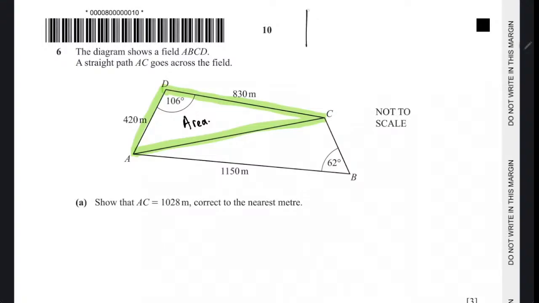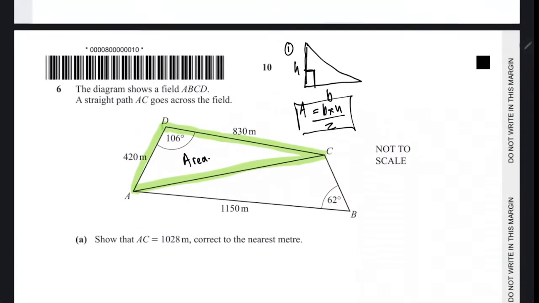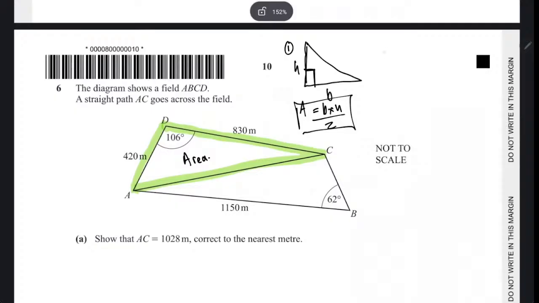We have the first type of triangle, which is a right-angled triangle, where you have the base and the height. So area is base times height over 2. This one has a right angle, so this is triangle number 1. It's just base times height over 2.